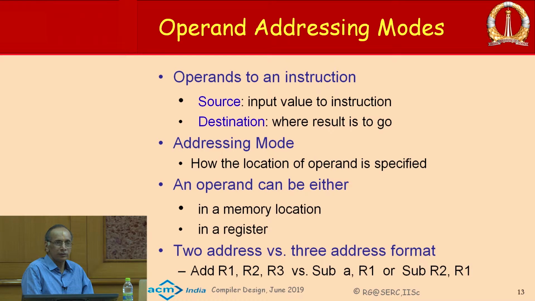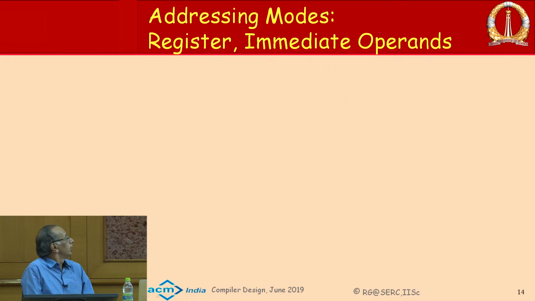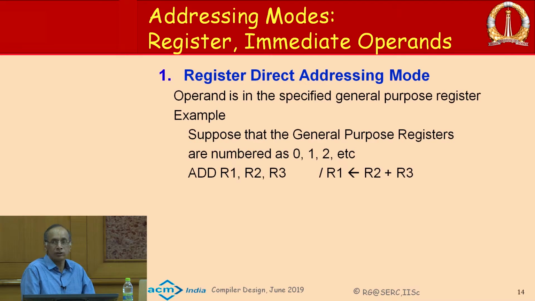Good so far? Okay. So, let us talk about the addressing modes. There are several addressing modes. Again, a processor may support a subset of these addressing modes. Now, let us see some of these addressing modes. The first one is the register direct addressing mode. In the register direct addressing mode, the operand is in the register.